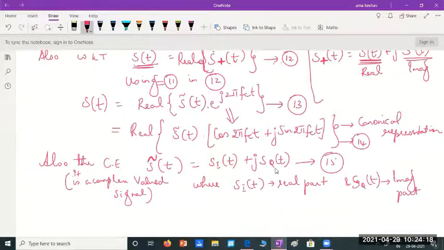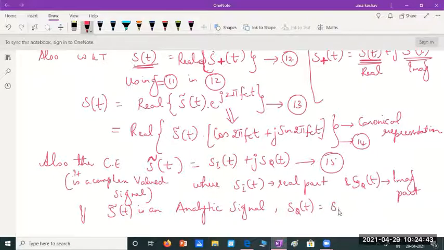And one more thing: if S tilde of t is an analytic signal, we call it by the name analytic signal. Any of you remember what I told happens in an analytic signal? The complex part will be what? The Hilbert transform of the real part.